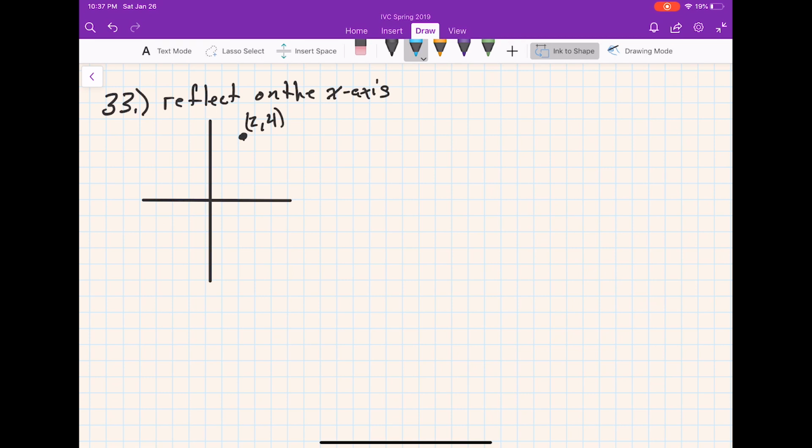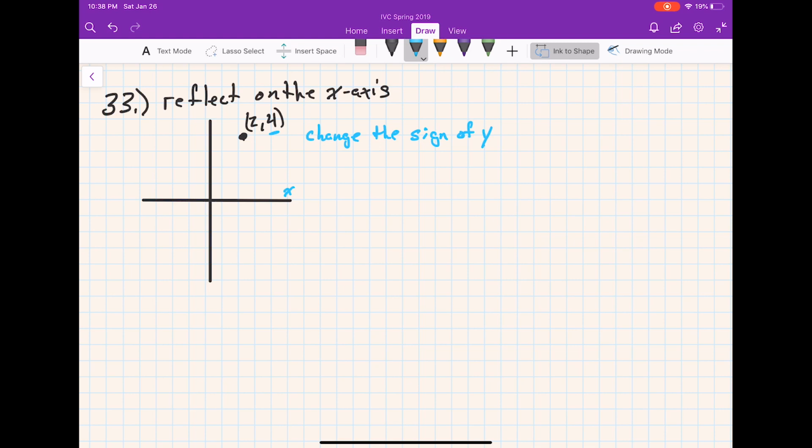All right, so now go to number 33. And 33 says reflect this coordinate on the x-axis. Well, to reflect this on the x-axis, here's our x-axis. We're just going to change the y value sign to reflect this. So we're going to have 2, -4.